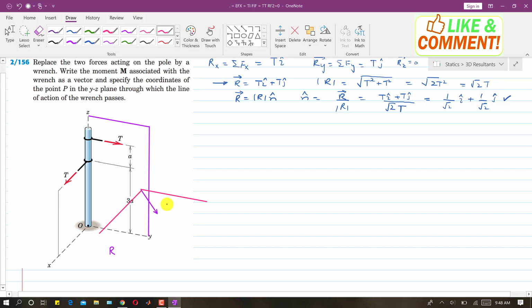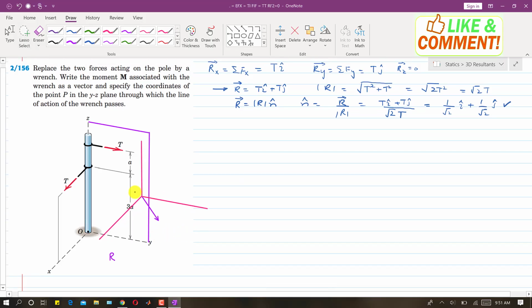It has one component along the X axis and one component along the Y axis, right? Now if this is that point P in the YZ plane, let's say this is X dash axis parallel to the X axis, this is Y dash axis parallel to the Y axis, and this is Z dash axis parallel to the Z axis, and this resultant is in the XY plane, right? It has one component parallel to the x-axis and one component parallel to the y-axis, right?